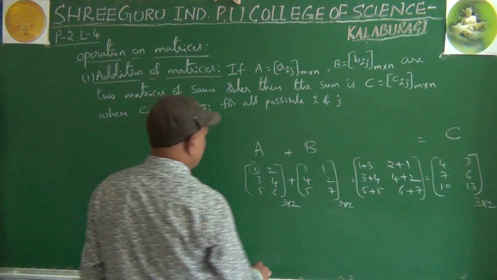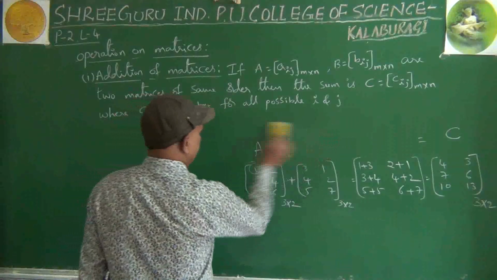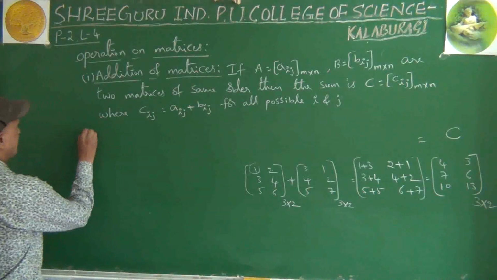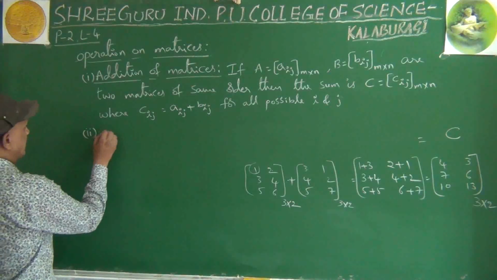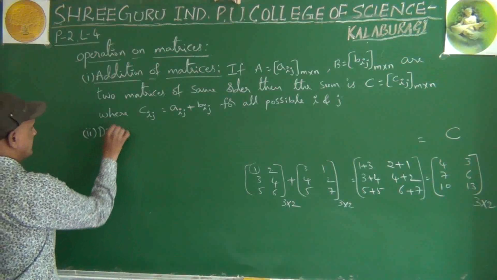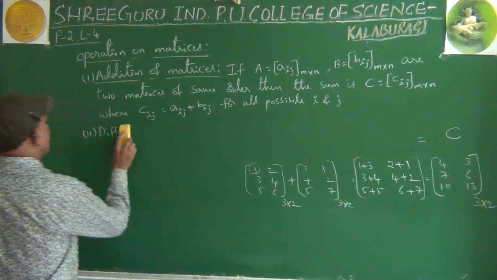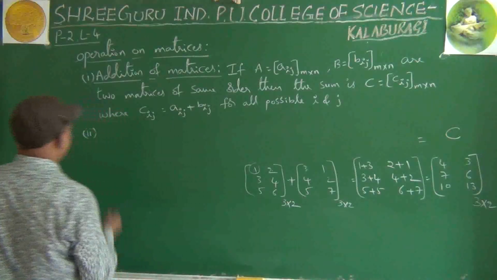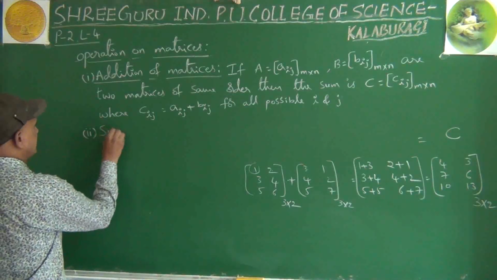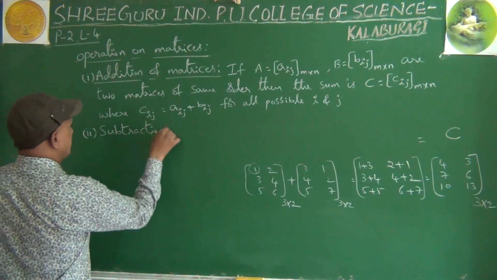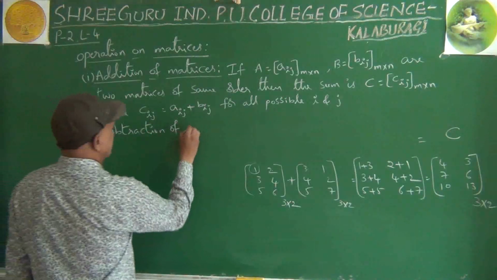I will write the definition also. Simple, that is. Second one, difference of matrices. Subtraction of matrices, otherwise subtraction of two matrices.